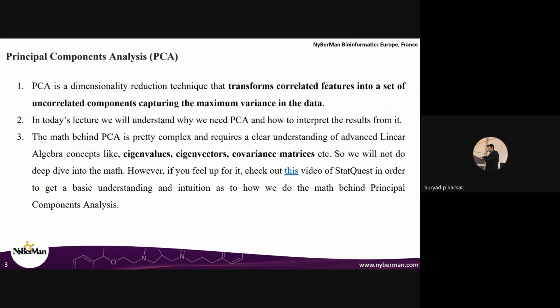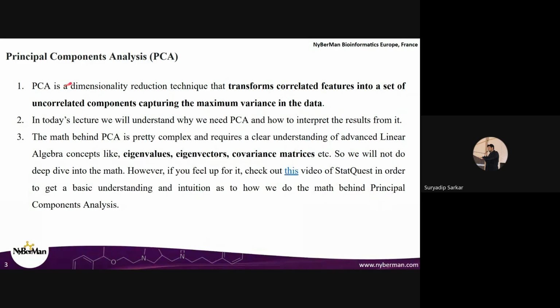When it comes to such high dimensional data, or data that has a lot of features, it becomes very difficult to see clear patterns or visualize them, and that is where dimensionality reduction techniques like PCA come into play.